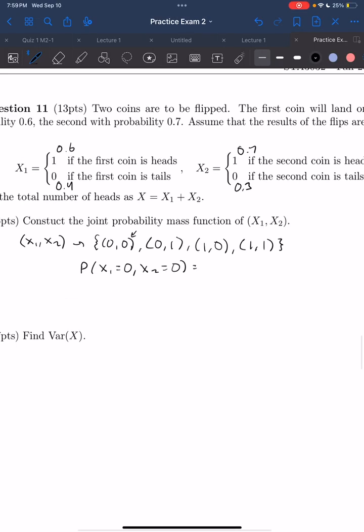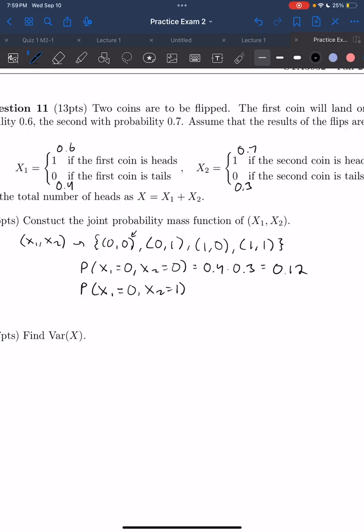Okay, so for getting 0 for both, which are tails, we would have 0.4 times 0.3, which is equal to 0.12. So then we have our probability of x1 equals 0 and x2 equals 1.